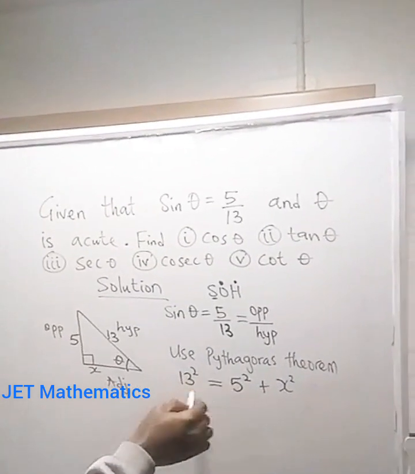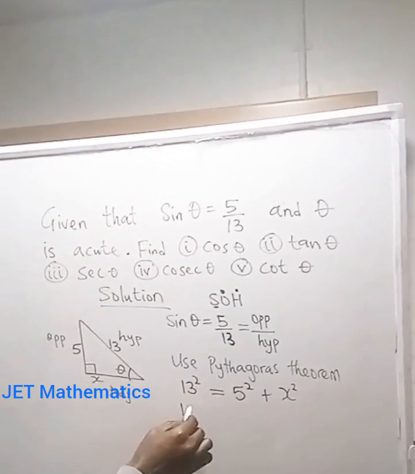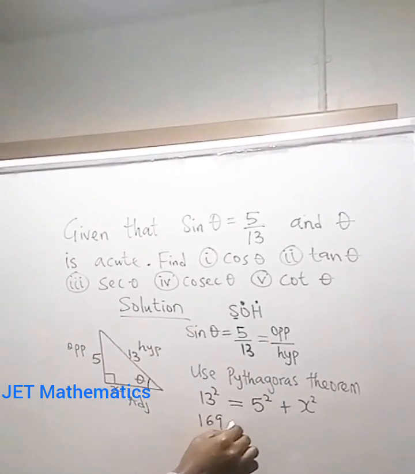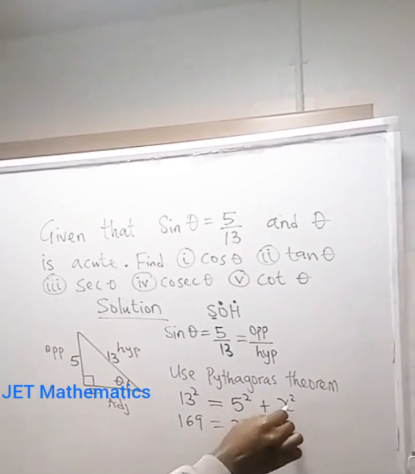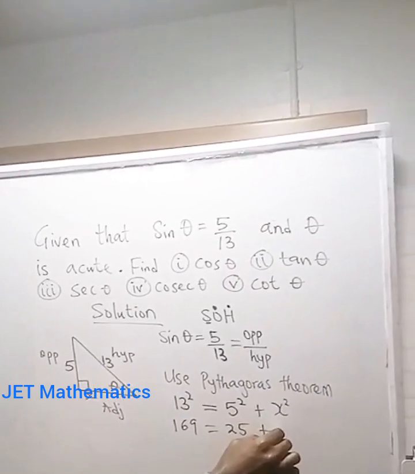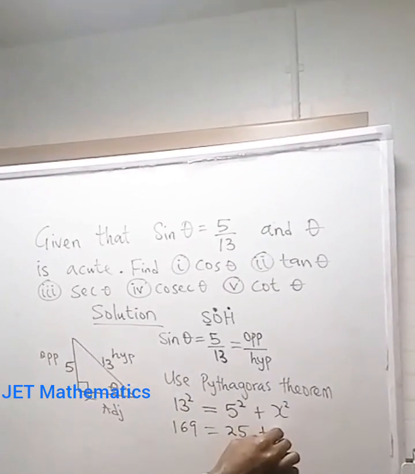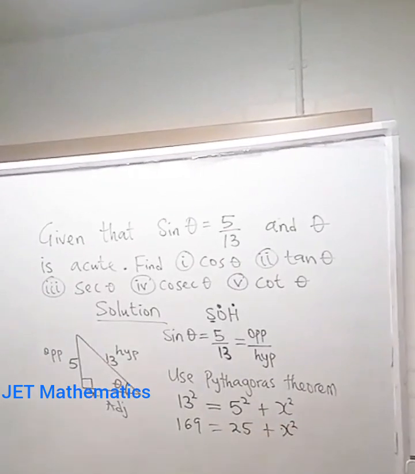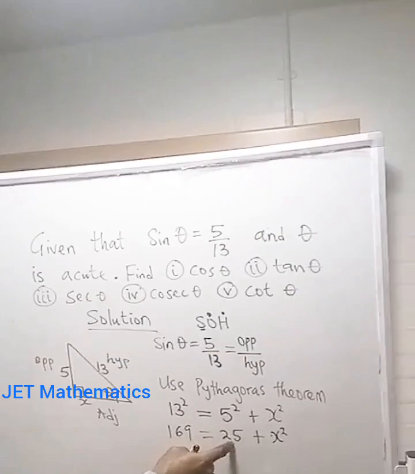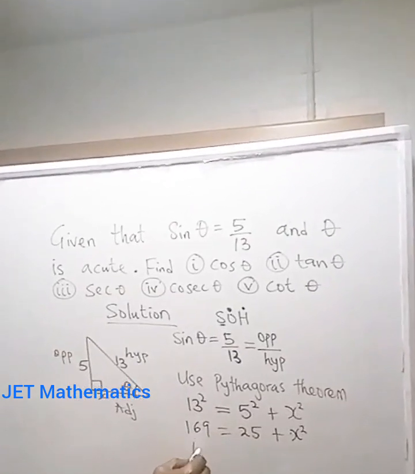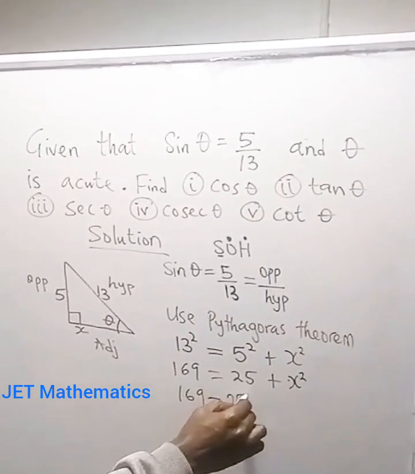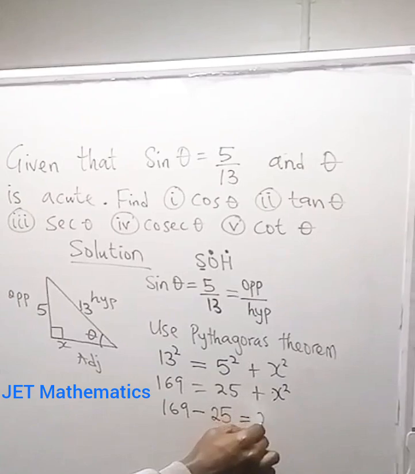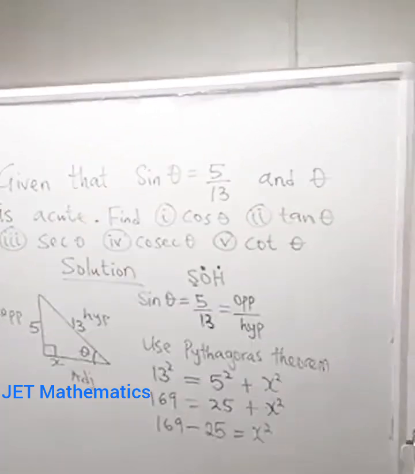So if we solve this, you have 169 is equal to 25 plus x squared. So we take 25 here, so we have 169 minus 25 is equal to x squared.